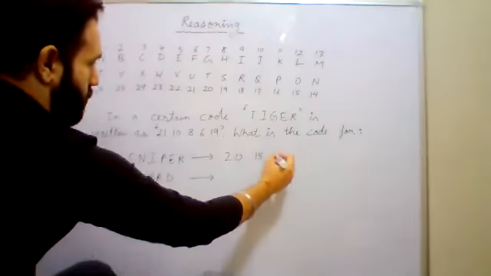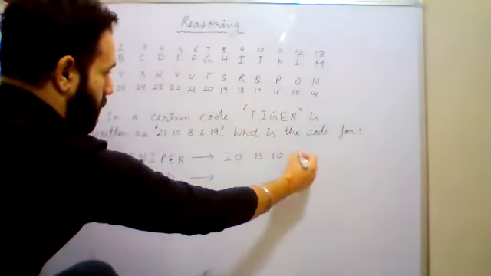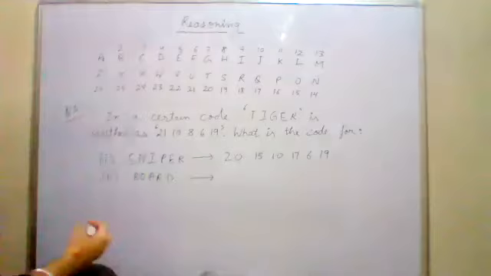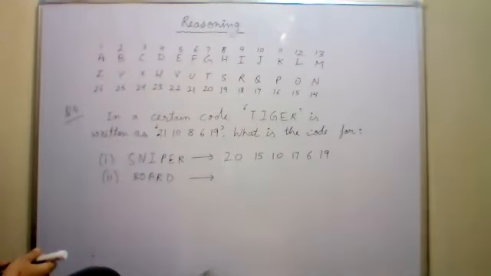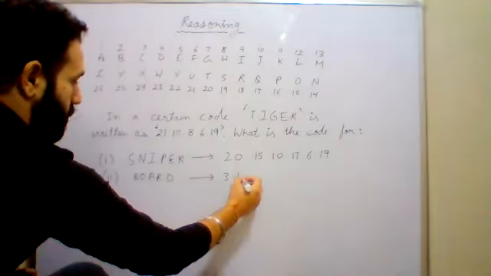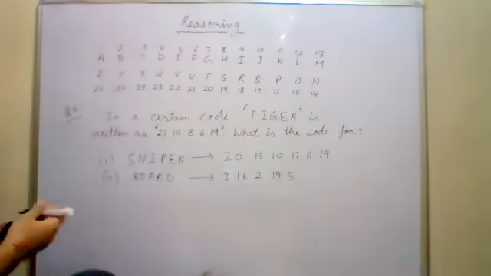For I, you would add one, so it becomes 10. Then 15, 10, 17, 6, 19. For board it will be 3, 16, 2, 19, 5.